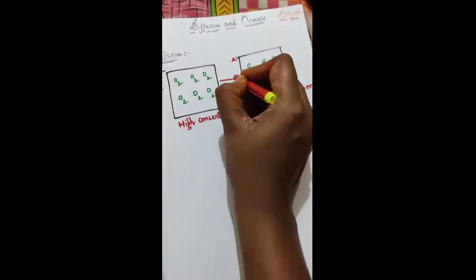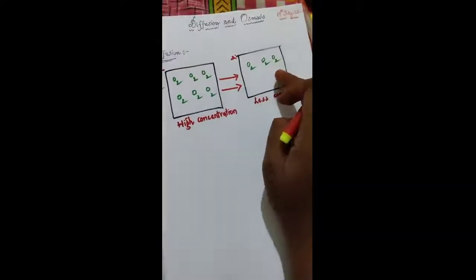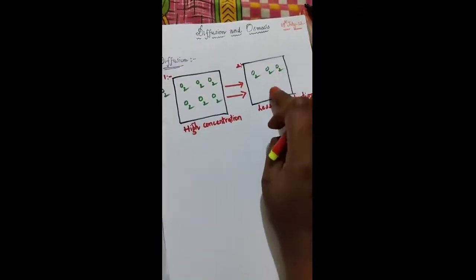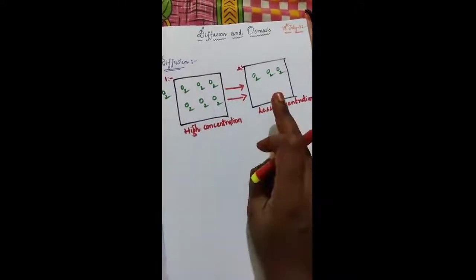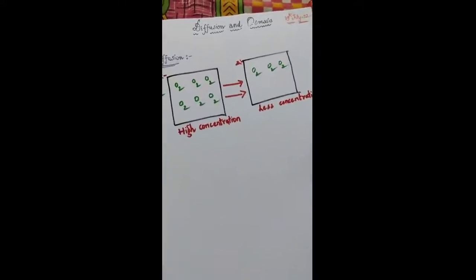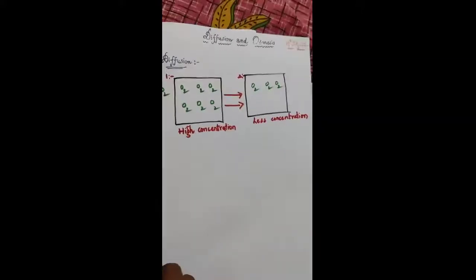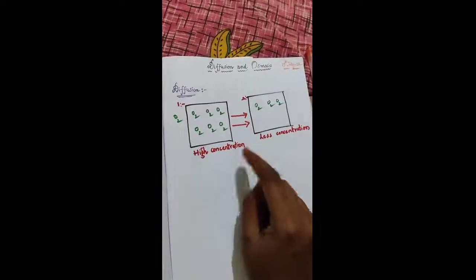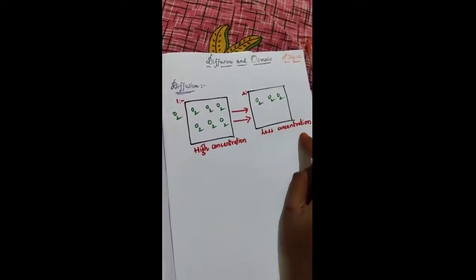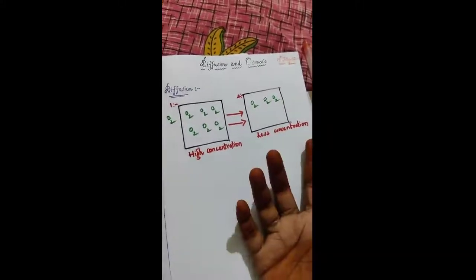Molecules or substances at a higher concentration always move towards the lower concentration. Understood? So what is diffusion? Now you can easily define it. The movement of molecules from higher concentration to lower concentration, or from higher region to lower region, is called diffusion.